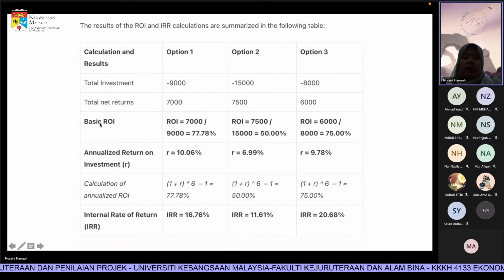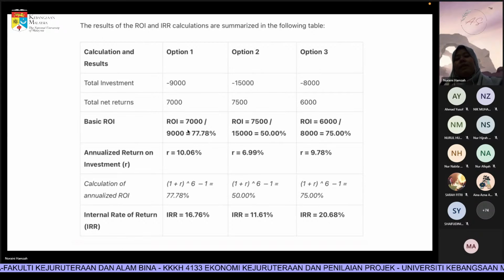Biasanya kita menggunakan ROI ni kepada projek-projek yang mid, okay, yang tak terlalu lama lah. Because as I said, dia tidak mengambil kira interest yang tepat. Sebab fluctuation of the interest every year. So, kalau nak kata yang mana tepat antara ROI dan IRR, sekiranya projek itu adalah projek yang lama, IRR adalah lebih tepat untuk kita consider berbanding ROI.